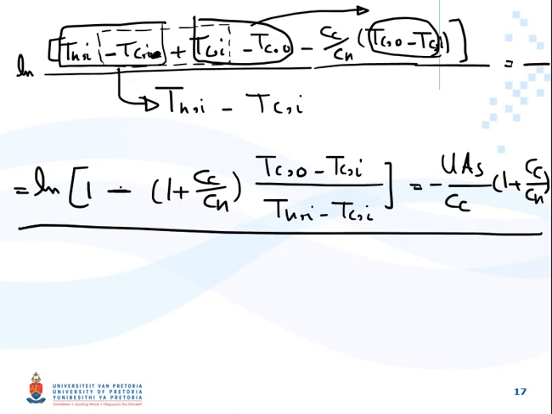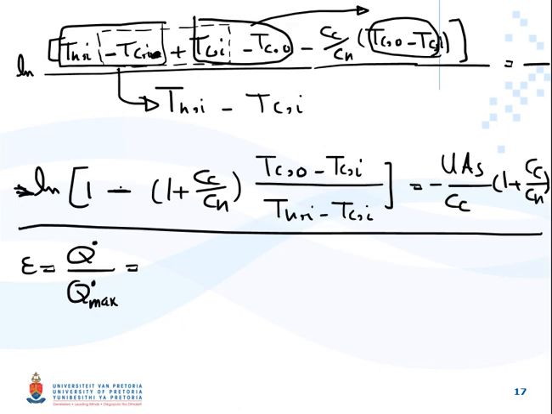The only thing that we need to know now, because from the beginning we wanted to find the epsilon, Q dot divided by Q dot maximum.